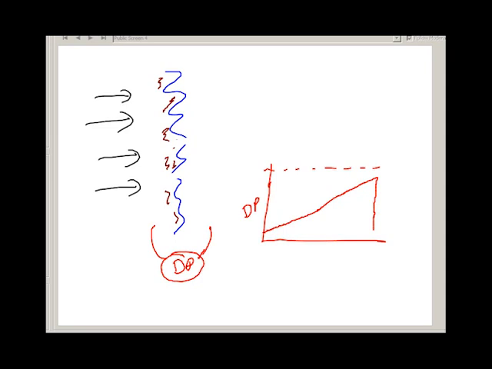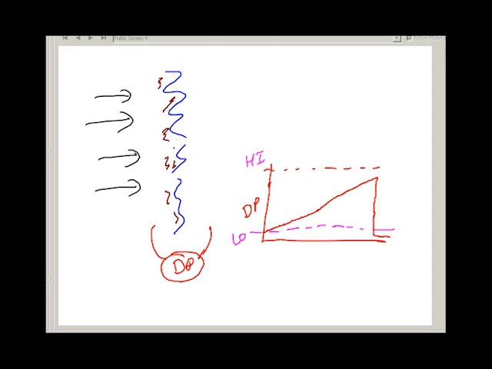So something you should always be aware of is when we're monitoring DP across filters, we have to have a high limit, and we also have to have a low limit. So that if the DP ever goes below the low limit, that would indicate that the filter's got a hole in it.